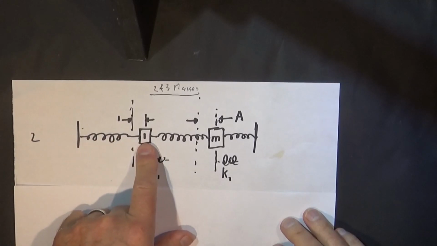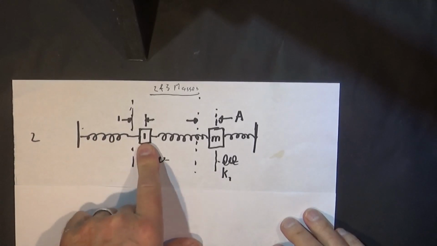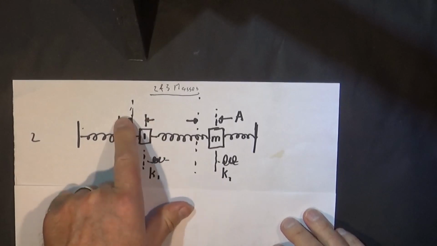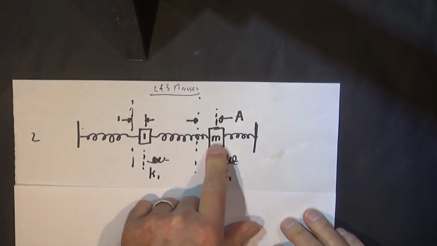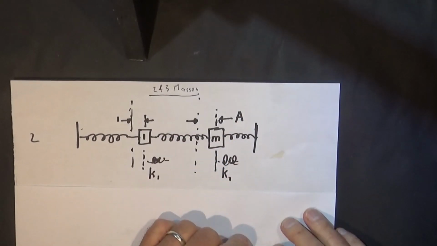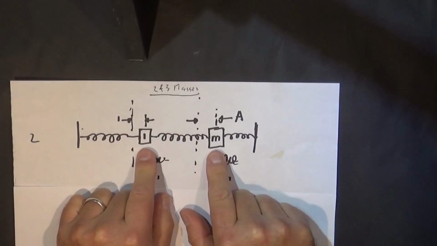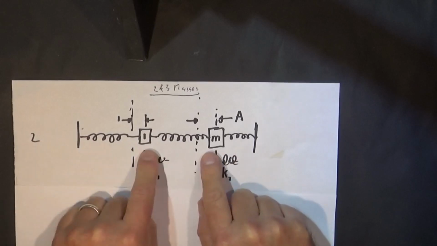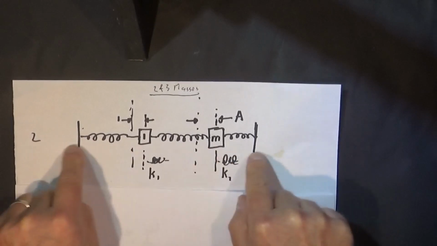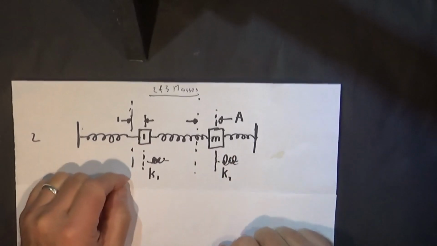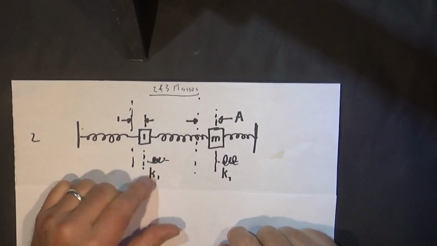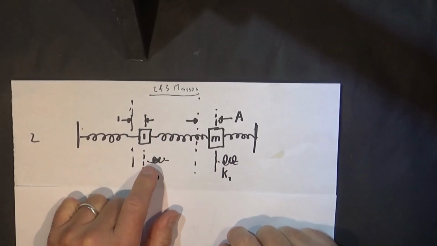We're assuming one mass has a mass of 1 and an amplitude of 1, and the other mass has a mass of m and an amplitude of a. And we're also assuming that these masses will either be together or in antiphase, or, and we'll come to this, one of them can be stationary.